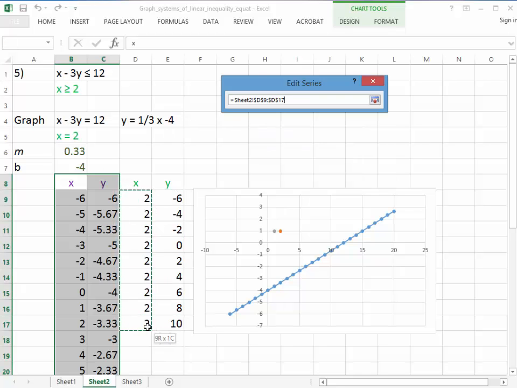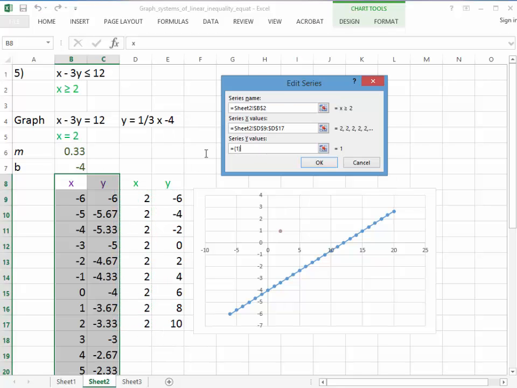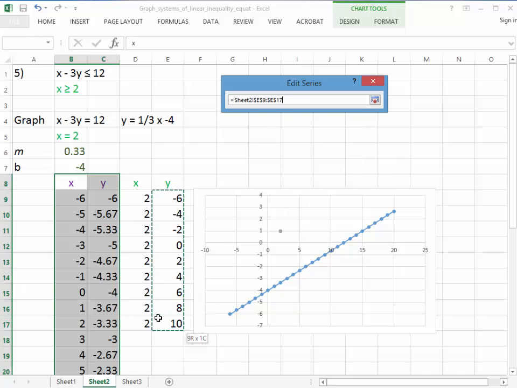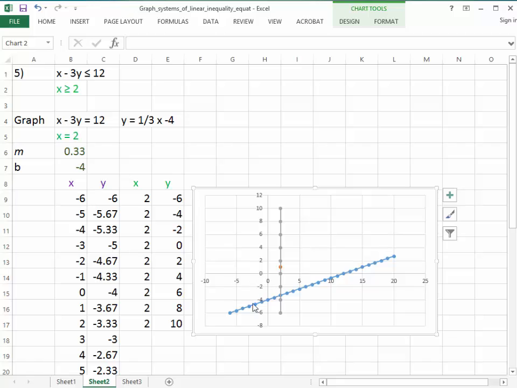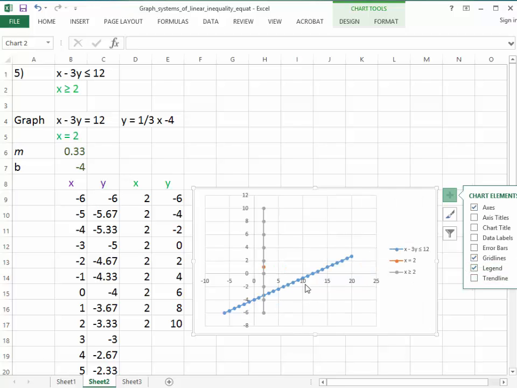X values over here. Let's get the y values from negative 6 to 10. Press OK. We have it looking like this. So there we have the straight line. I want to be able to put in the legend. And there is my trend line.